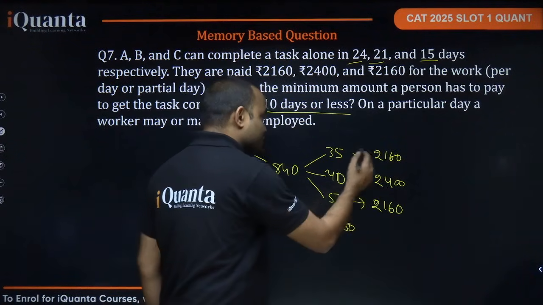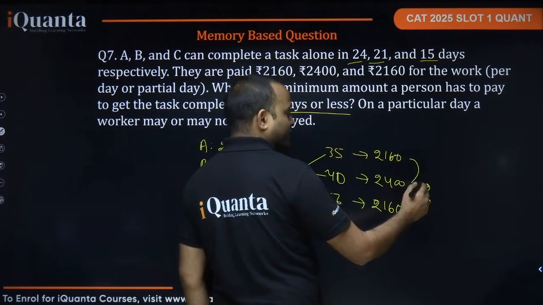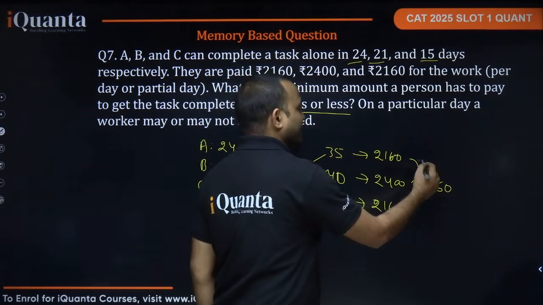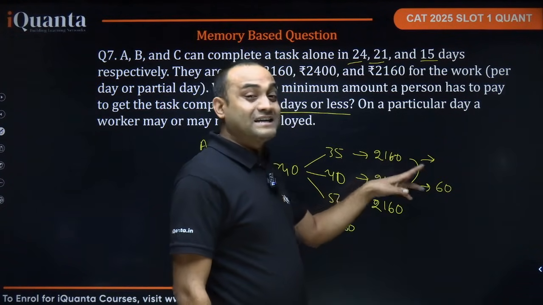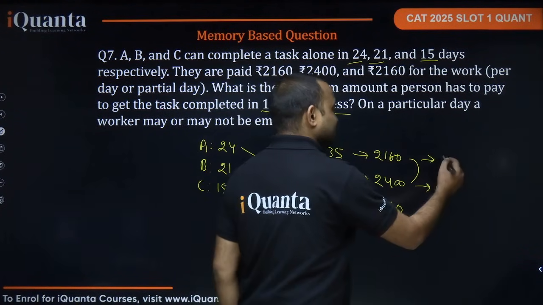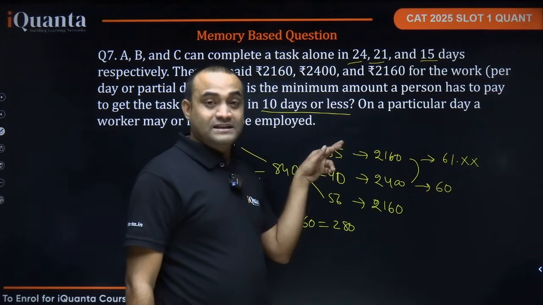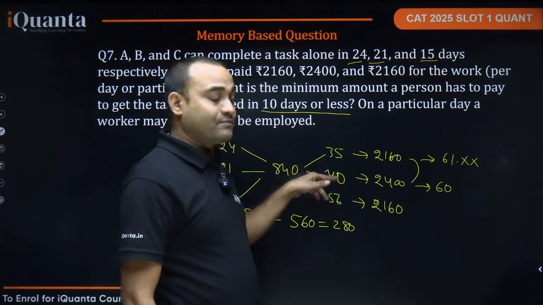Now in these two, which one is cheaper? See, for this, per unit work, he is taking 60 rupees, 2400 by 40. 35 into 60 is 2100 exactly. It's a little bit more than that, so this value is 61 point something. So this guy is costlier than this guy, right? So we need to use this guy for the rest of the work.